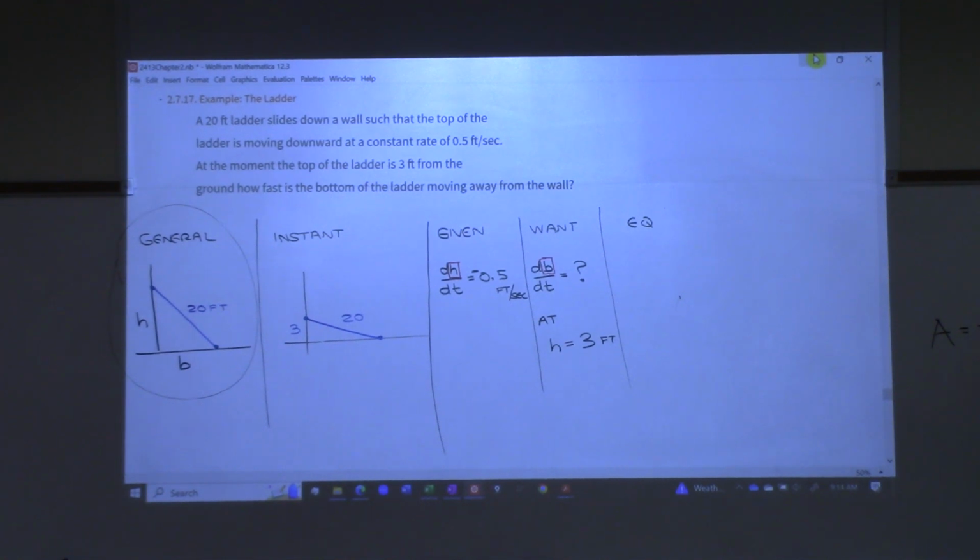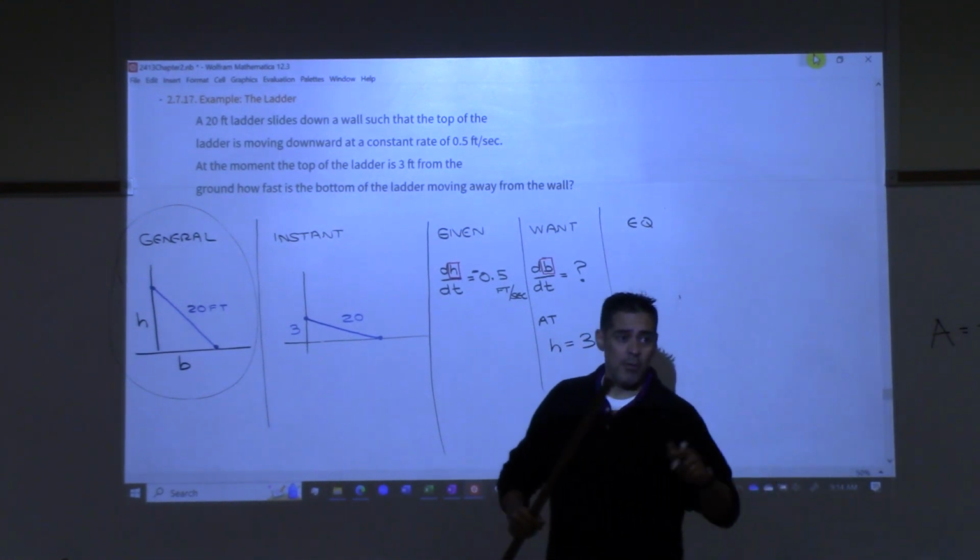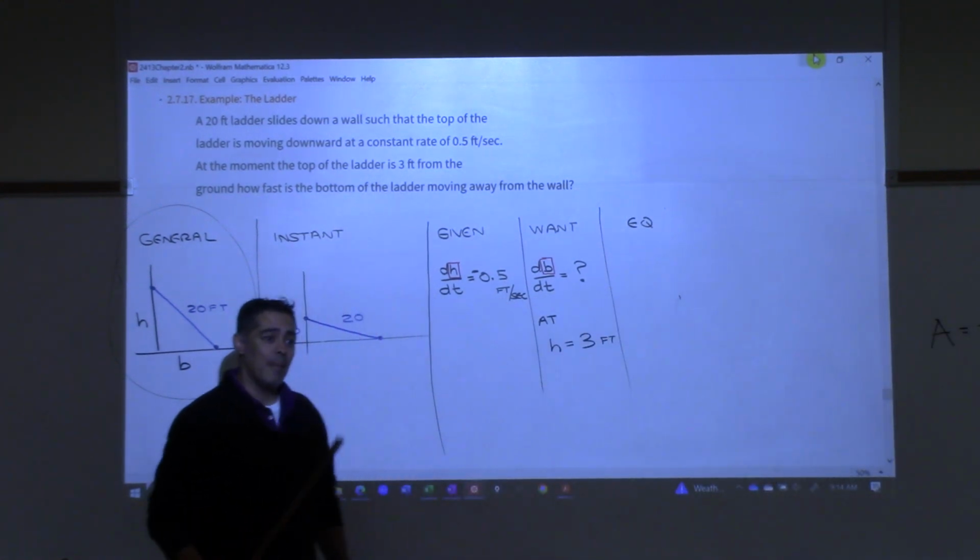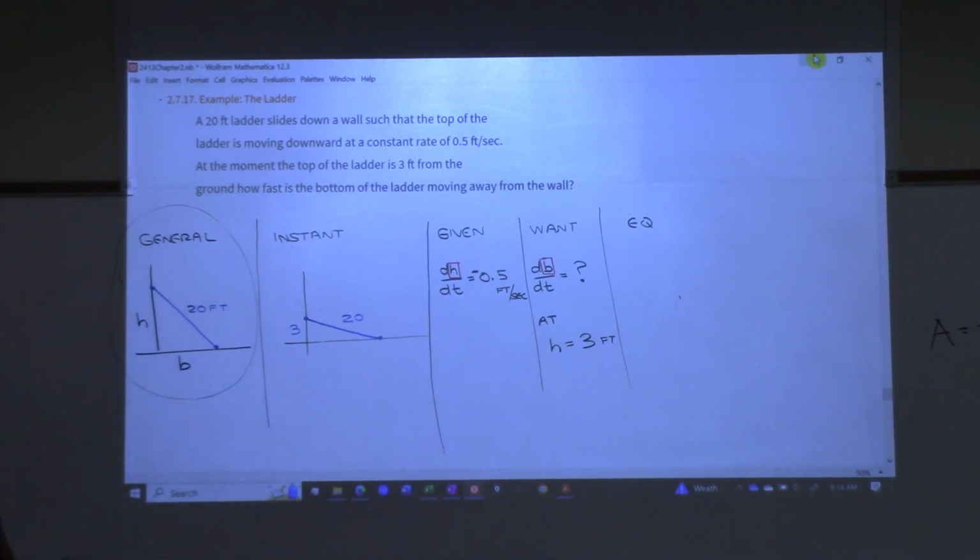Okay? If you differentiate this, does everyone agree that you will get a dB/dt somewhere in there, in the differentiation? You will get a dH/dt somewhere in the differentiation. But you'll also get a dA/dt, which we know nothing about, right? So even though that is a formula that connects B and H together, it's probably not the best one. There's probably something else that won't require us to know anything about area.